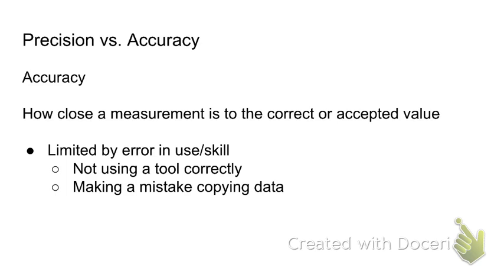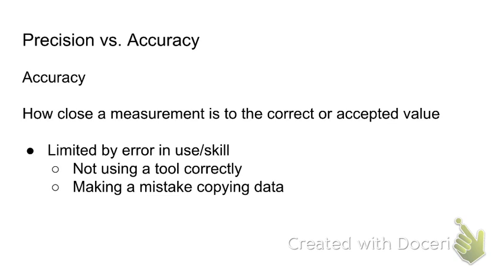If it's not very accurate, then you did not get close to the right answer. Accuracy is usually limited by human error. Either you made a mistake in your calculations, you didn't use a tool correctly, or you copied data incorrectly. That's usually how we're going to affect our accuracy.